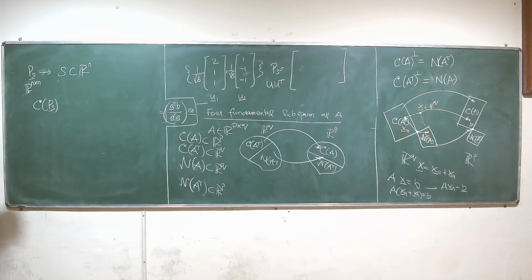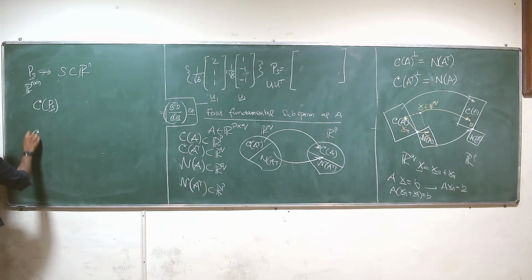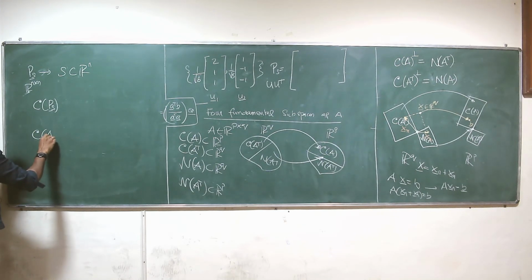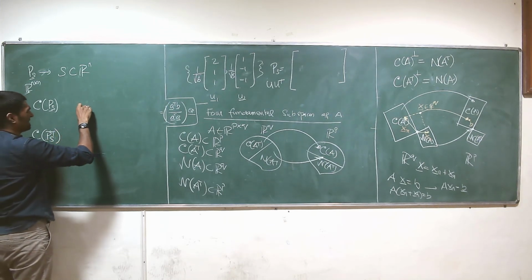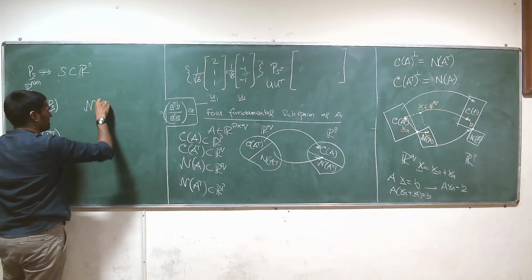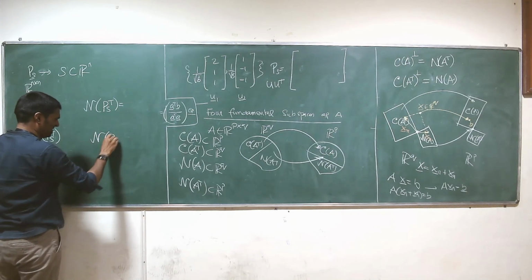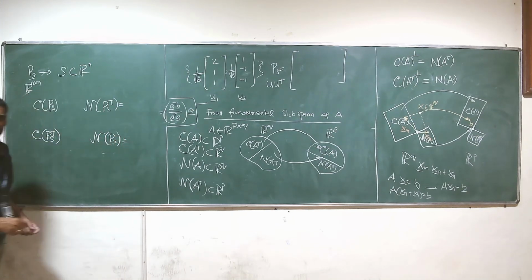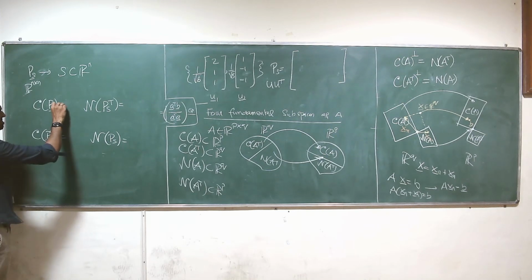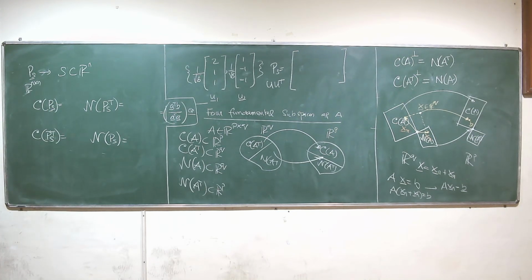What would be the column space of your orthogonal projection matrix? What do you think this would be?